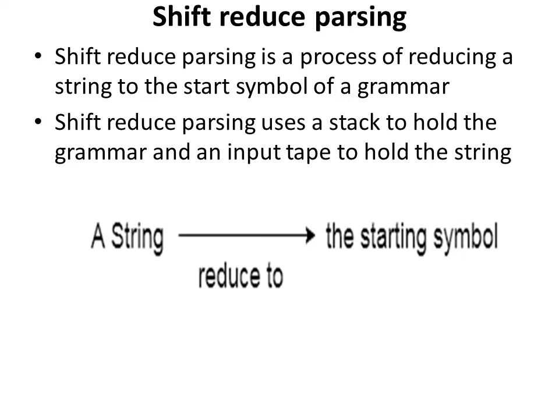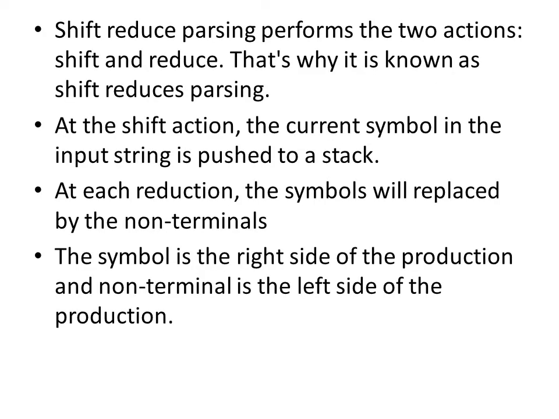In shift-reduce parsing, a string is reduced to the starting symbol. It performs two actions: one is shift, another one is reduce. That is why it is known as shift-reduce parsing.